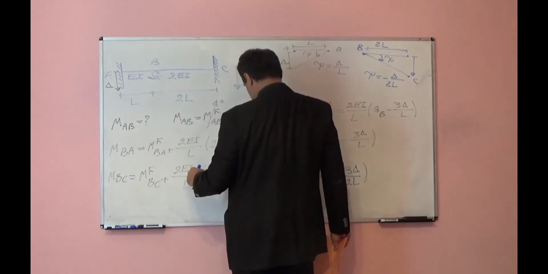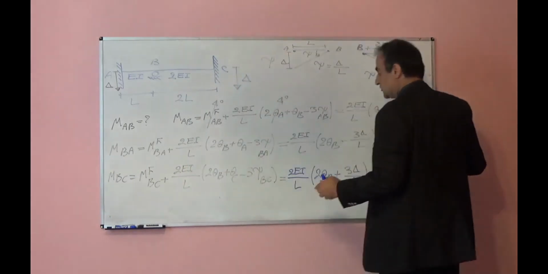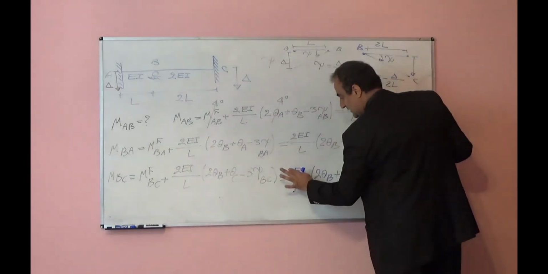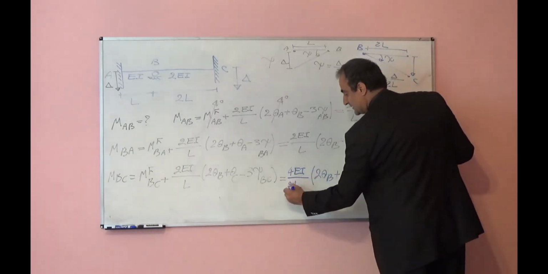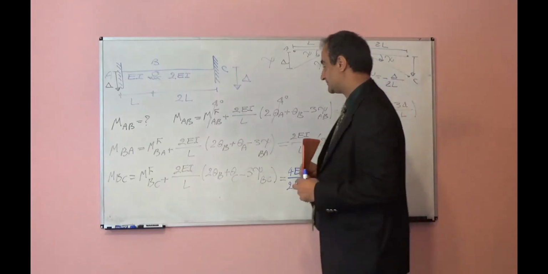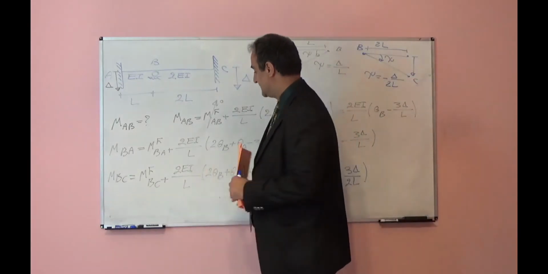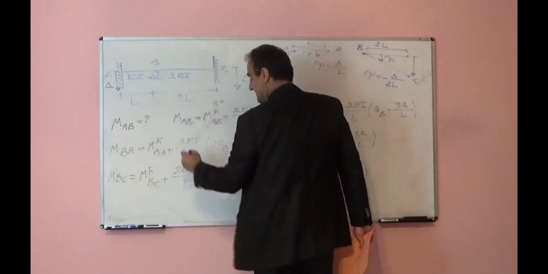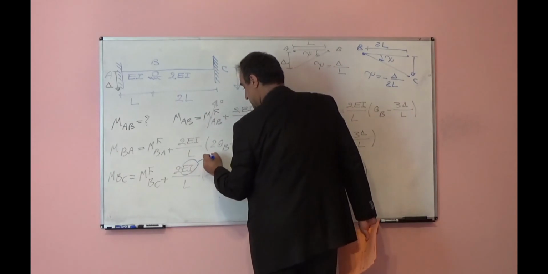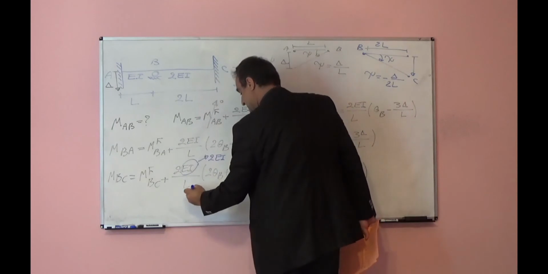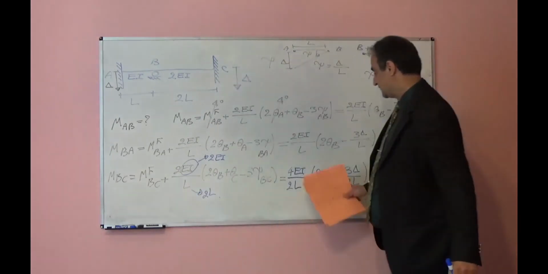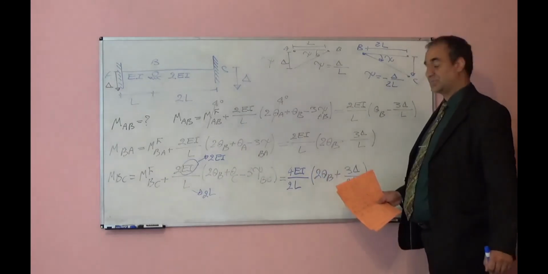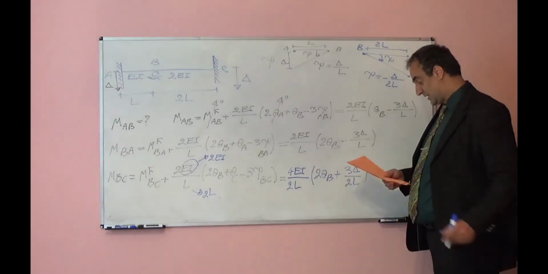So 2EI we have in the formula, 2 times 2EI, this will be 4EI. And the length again, 2L. The formula is like this. But EI for the BC part is 2EI, and L means L_BC, that is 2L. So instead of EI, we will plug in 2EI, 2 times 2 will be 4EI, divided by 2L.